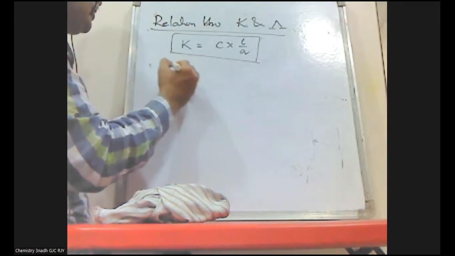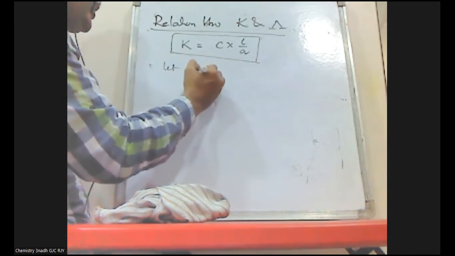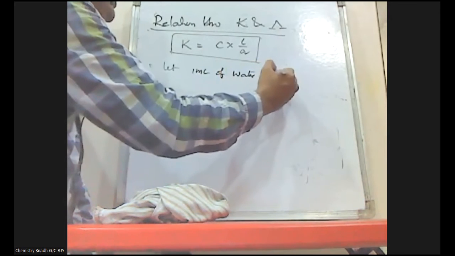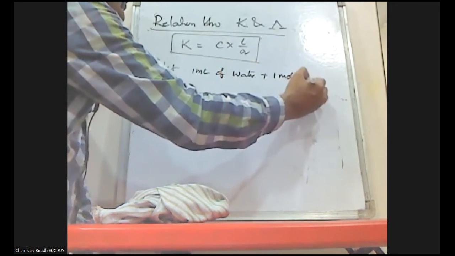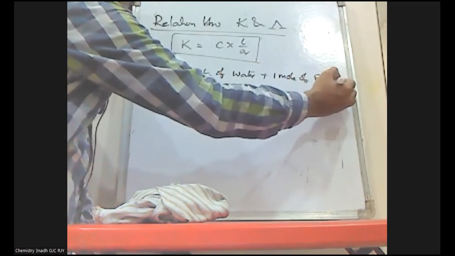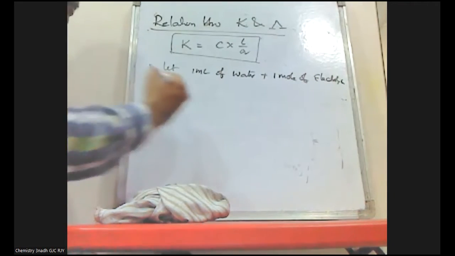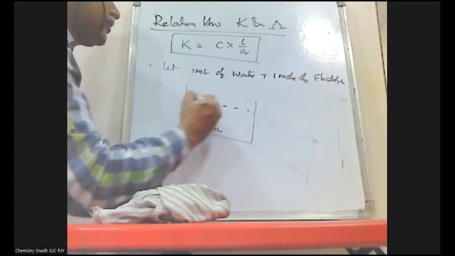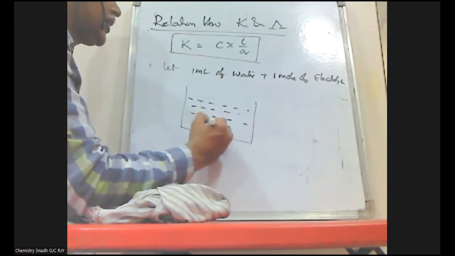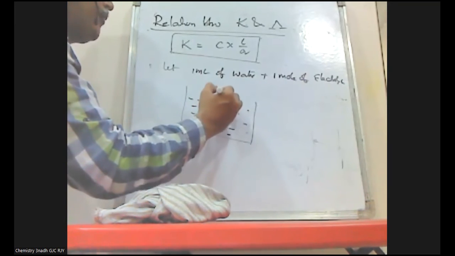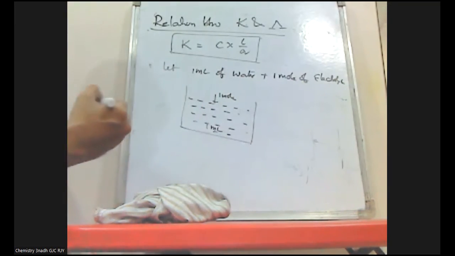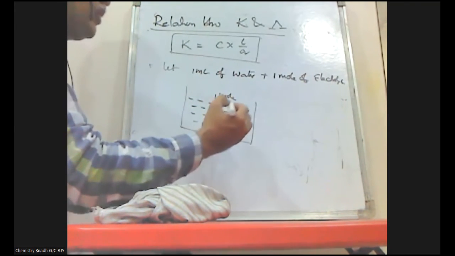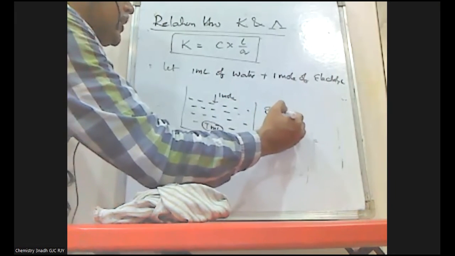For example, let me take 1 ml of water and dissolve 1 mole of electrolyte in it. Then I measure the conductance. Now, as the solution corresponds to 1 ml, it corresponds to specific conductance.